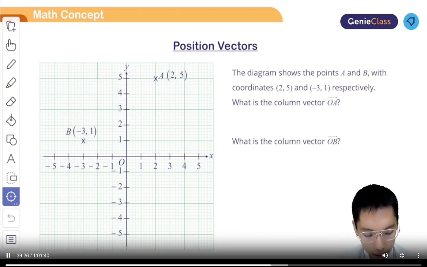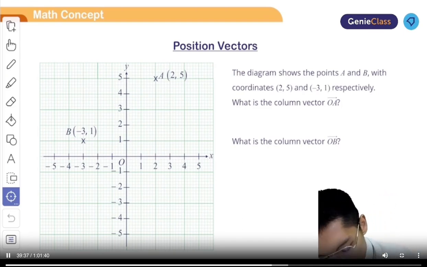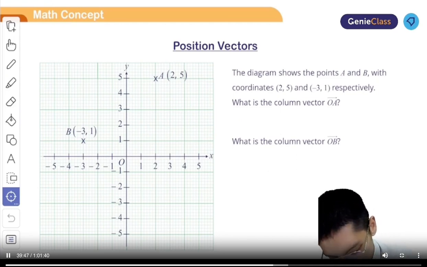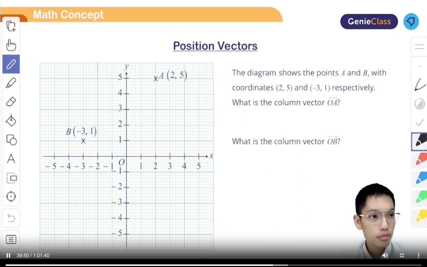How do I represent this vector OA? OA means I want the vector to start from O and go to A. So how do I represent this vector OA? Give it some try, think about it.